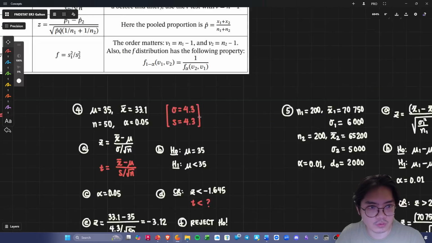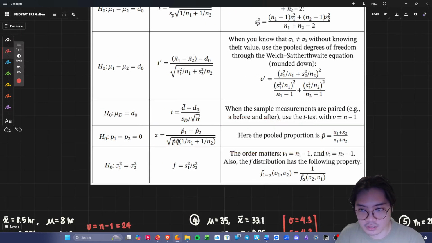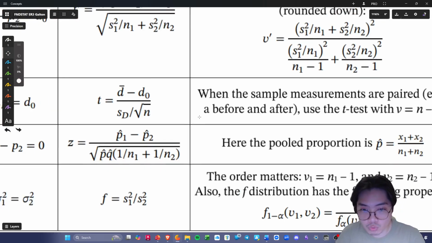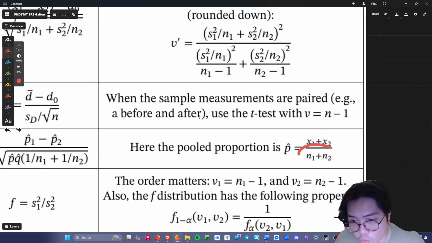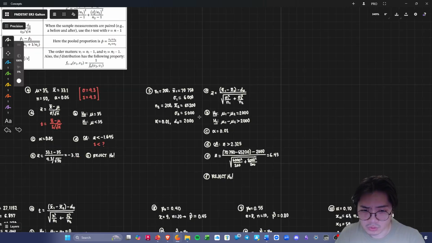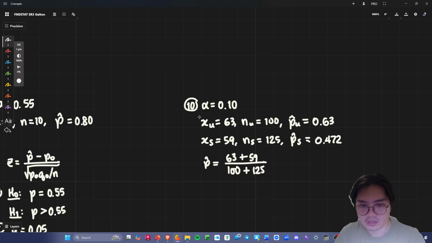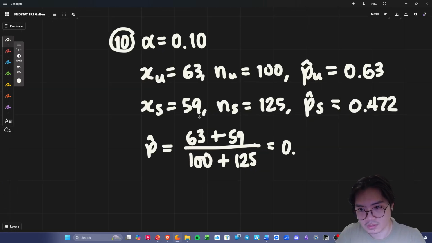If you are going to know here, this is the only proportion test where we have this. Here, in the pooled proportion, there are p hat and q hat without any subscript. That is just a pool: all of the successes over all of the samples. Here, you can have 63 over 100 plus 125, which is 0.54.